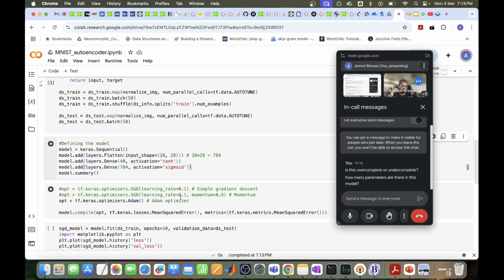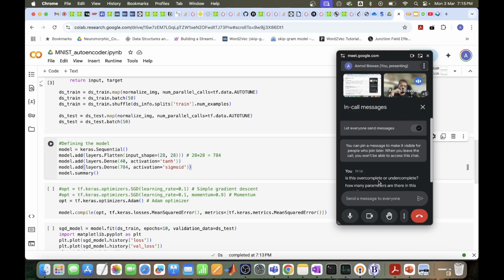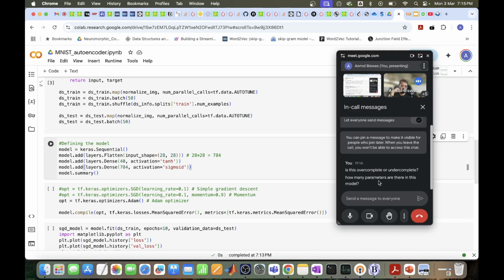Very simple questions. At this stage, you should be answering these questions just like that, because we have been doing this for multiple weeks, counting the parameters. In this session, we have talked extensively about over and under complete autoencoders and so on.